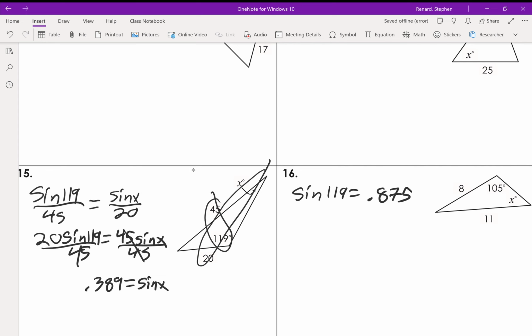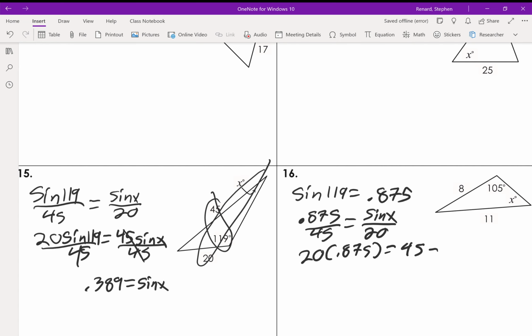So what I can do is I can actually switch that out, and I can go 0.875 over 45 equals sine x over 20. Then when I cross multiply, I get 20 times 0.875 equals 45 times the sine of x.